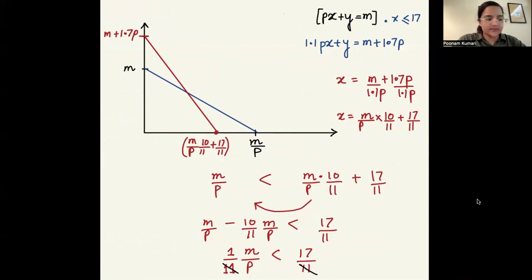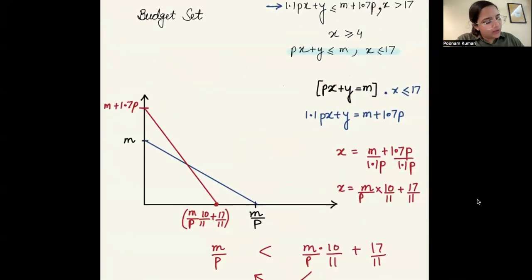And I know that this line is relevant only when x is greater than 17, and this blue line is relevant only for the x value, with y on the other axis.